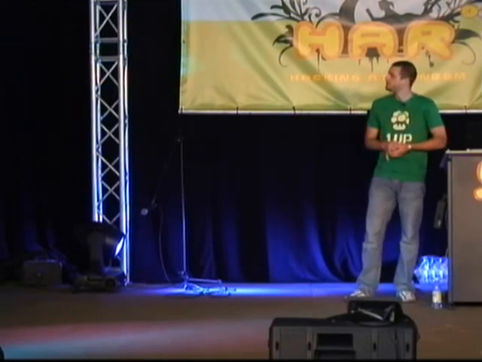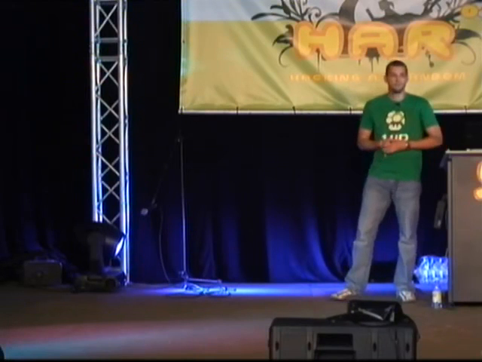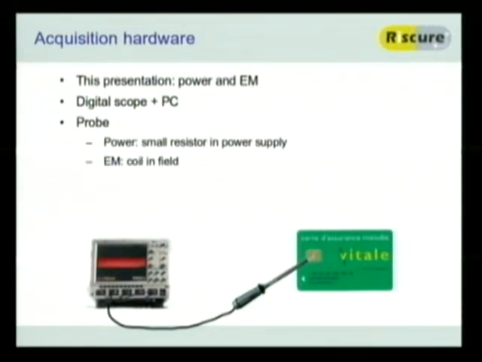Well, you need a probe. Depending on what channel you're measuring, you either need a small resistor in the power supply to the smart card, and you can measure the voltage drop over this resistor, and this tells you how much power it's using. Or if you're going to measure electromagnetic fields, you can put a coil in the field and just measure the signals that are coming from there.